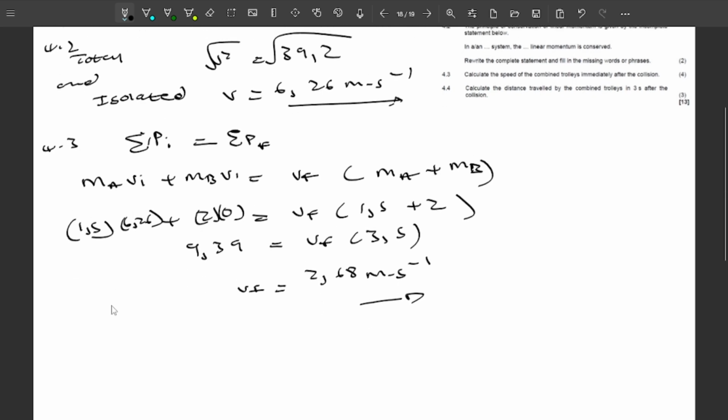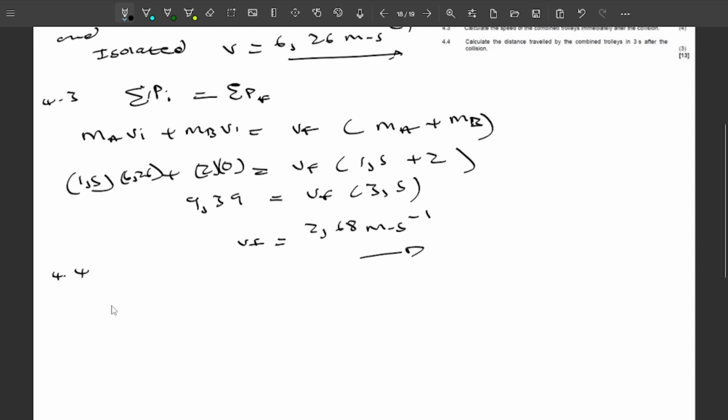Right, now moving to the last one, which is 4.4. Calculate the distance traveled by the combined trolleys in 4 seconds after the collision. Now this one wouldn't take much time. To answer this one, we know that the velocity is defined by the rate of change in position, displacement, by the way.